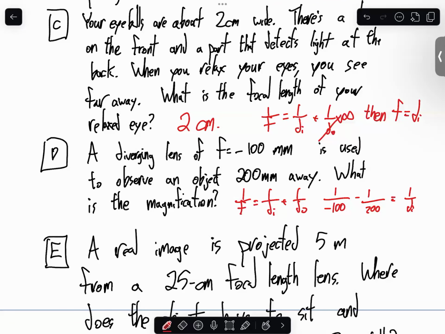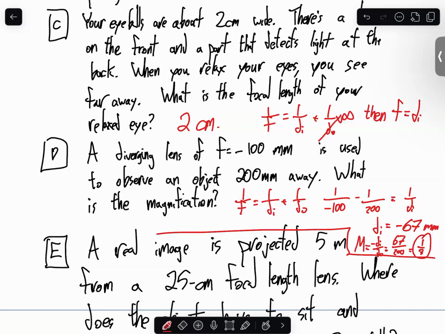Image position is, let's see, 100 plus 200 is 3 200ths, is 67. And then at the end of the day, we use magnification equals negative di over do, so negative negative 67 over 200. It's a factor of 1/3.